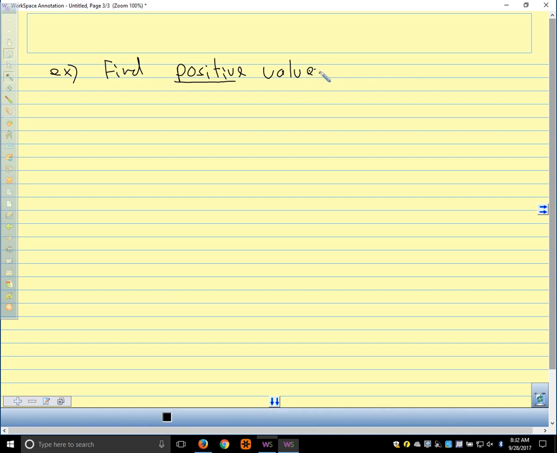We don't want to just repeat verbatim what you did last year. We want to go beyond that. We want to find positive values of p for which the series converges.